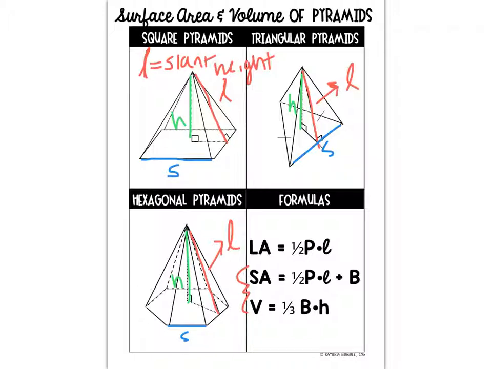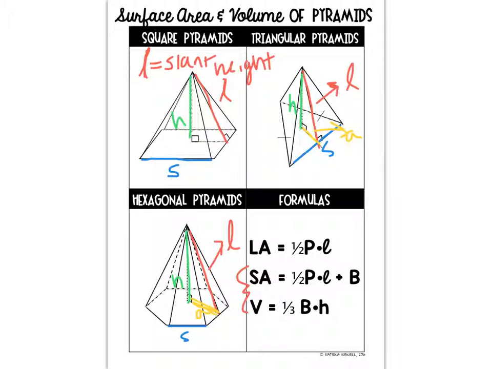In the bottom two, we also have our apothem, for our hexagon and for our equilateral triangle.